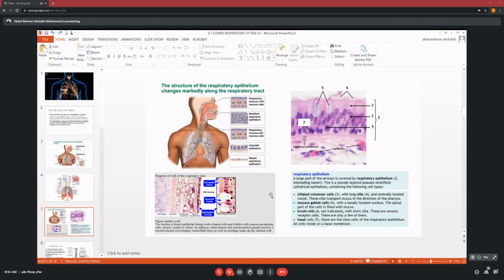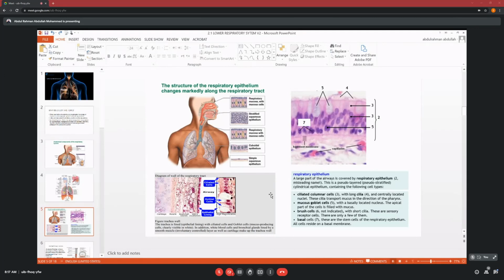Now, what else do we find in the conducting zone but cannot be found in the respiratory zone? Goblet cells, very good. What is the function of goblet cells? Secrete mucus, very good. In the conducting zone, while the air is coming inside the body, it has to be moistened and warmed.